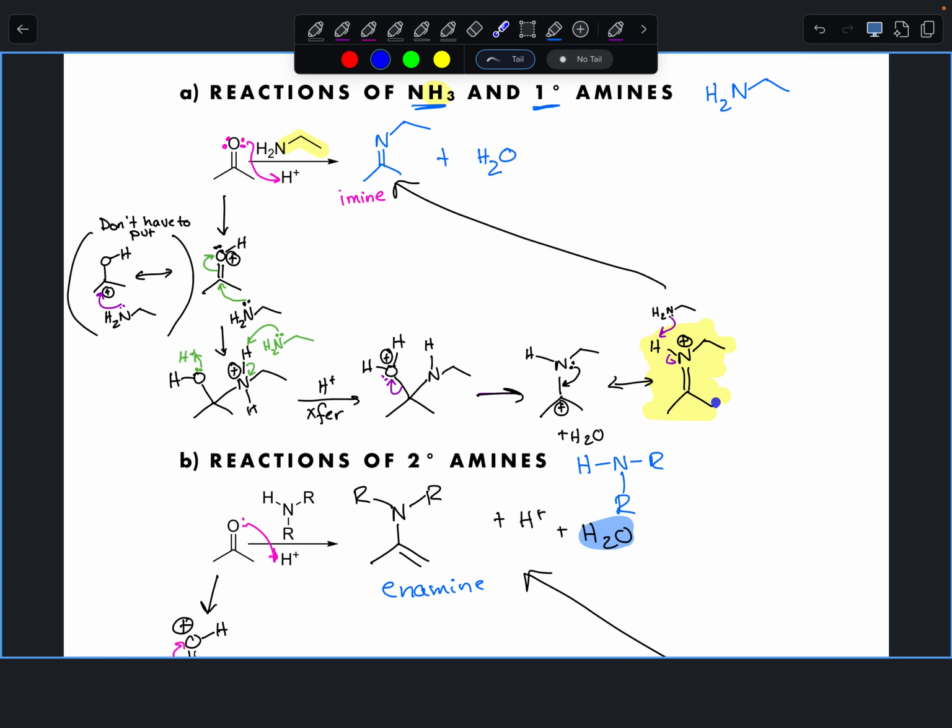So we have one resonance form where the carbonyl pi bond electrons localize up on the oxygen, which gives us a negative charge on the oxygen and a plus charge on the carbon, okay?